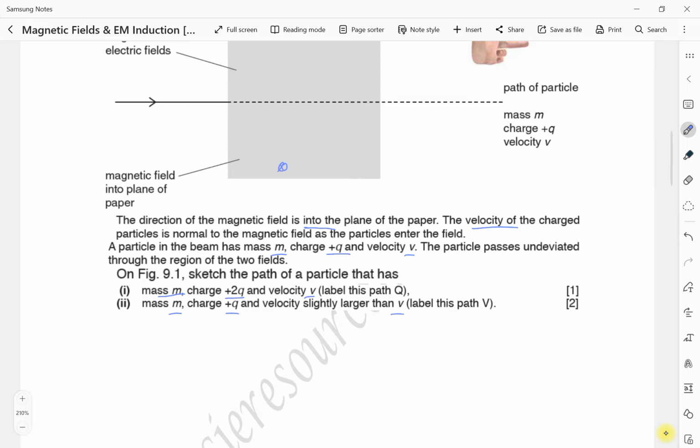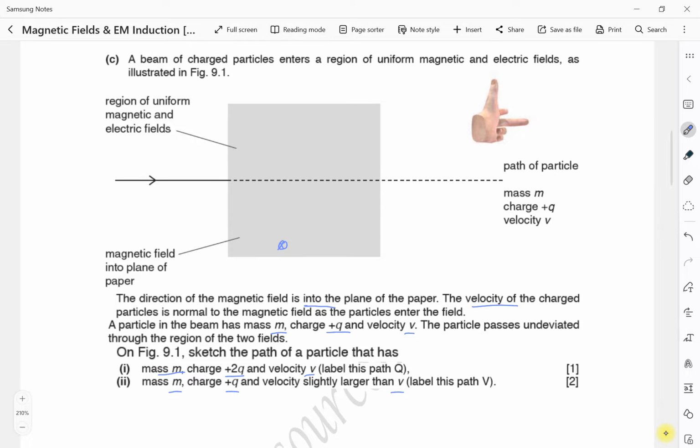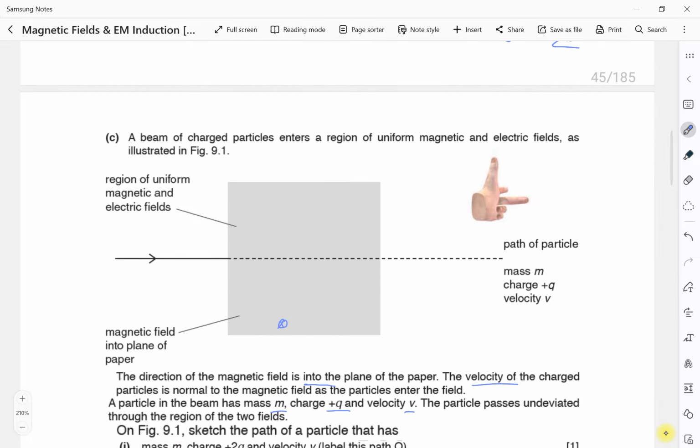So, since the magnetic field is into the page, by Fleming's left-hand rule, at the point where the particle just enters the field, the magnetic force is going to be upwards since the particles are positive. Second finger, the direction of the particle.